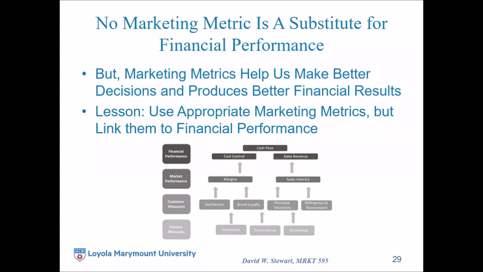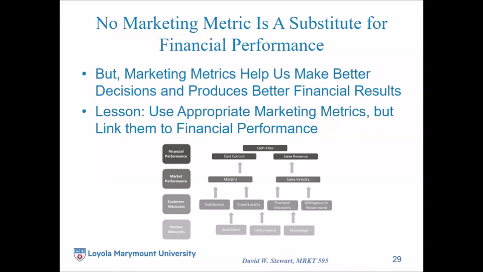They never relate what's happening in the black box to the financial outcome, which is why you have people criticizing marketing, particularly people in the finance area, people on the board, CEOs. Yeah, it's wonderful that you've created great brand loyalty. What does that buy me? What does that do for my cash flow? You're spending all of this money. What are we getting for our investment?